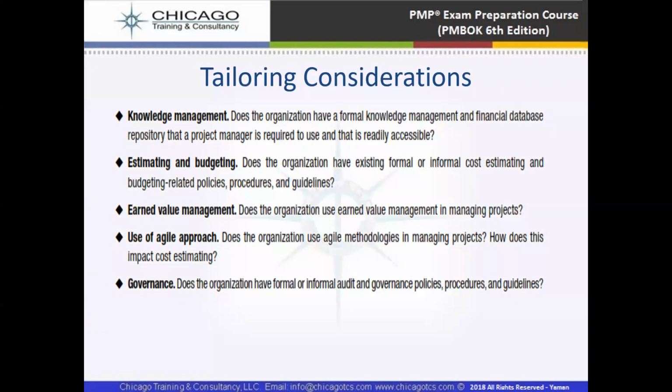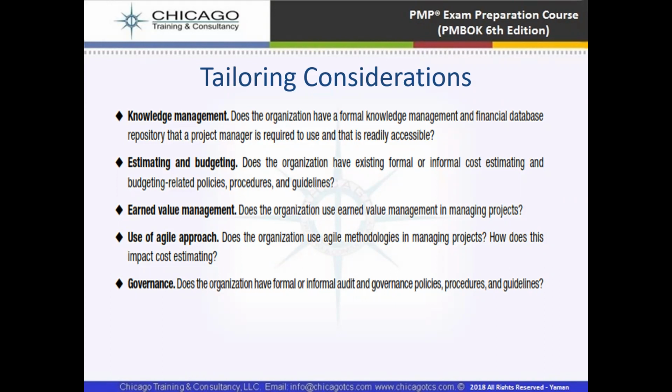And estimation and budgeting: does the organization have existing formal or informal cost estimation and budgeting related policies, procedures, and guidelines? It means the organization has formal or informal estimating techniques or budget related policies or guidelines. And earned value management, EVM: is the organization using EVM to manage projects?